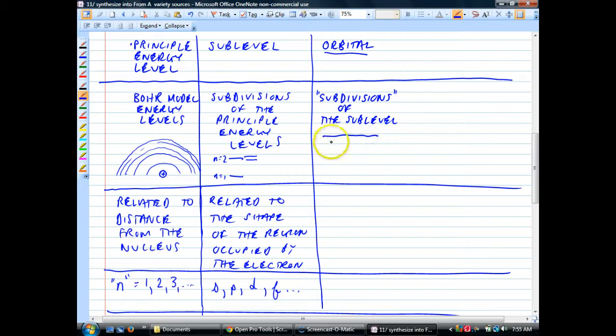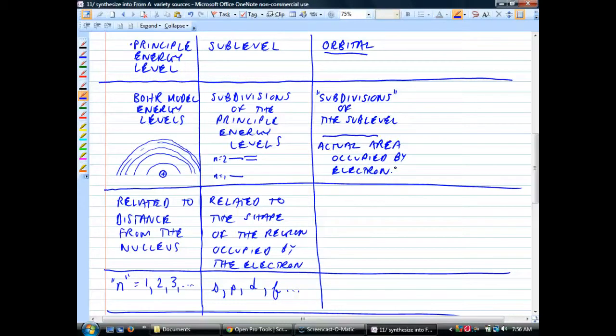The second way to think about the orbital is the actual area occupied by the electron. One thing I want you to think about as we're going through this is that I've been talking about the electron as a particle today, but you could do the same thing thinking about it as a wave.